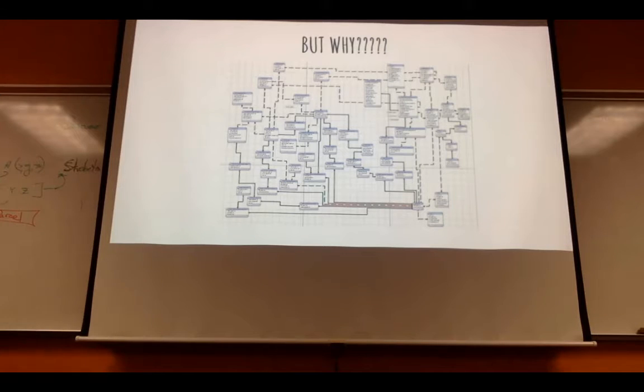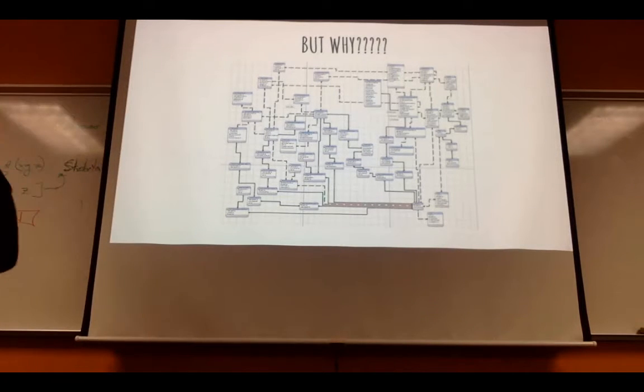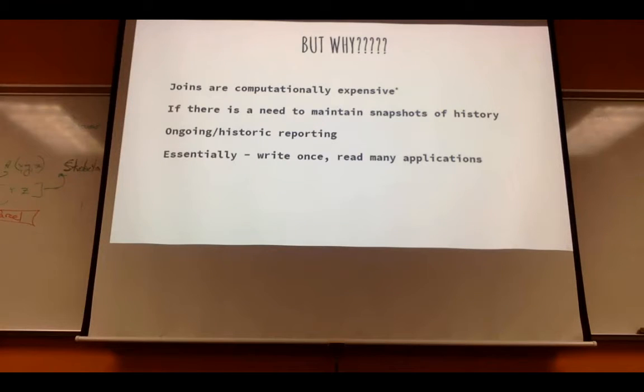And trying to figure out where all your stuff is can be very, very complicated. If you're looking at this, or imagine this 5 times as big, and you're trying to figure out your use cases for your business, if you have to go to the diagram every time, you're going to start getting a little frustrated. So joining these tables, right?